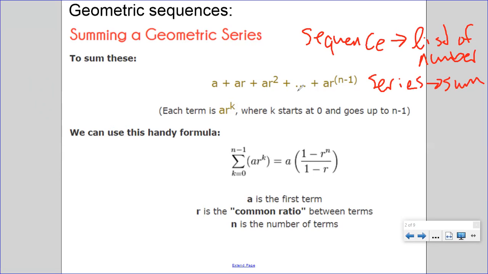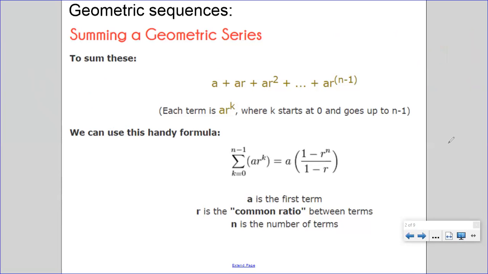So in a sequence, we're literally just going to be listing them off. It would be like 1, 3, 5, 7, 9, dot, dot, dot, right? Whereas a series is literally 1 plus 3 plus 5 plus 7 plus 9. So I wanted to talk specifically about geometric series because I think that's maybe the harder one to deal with.